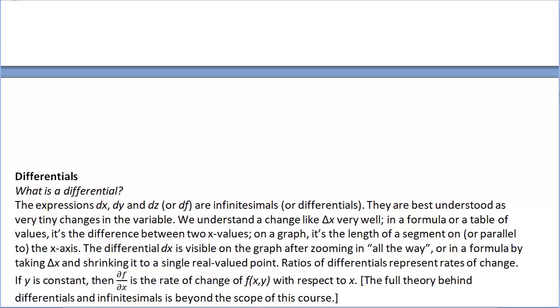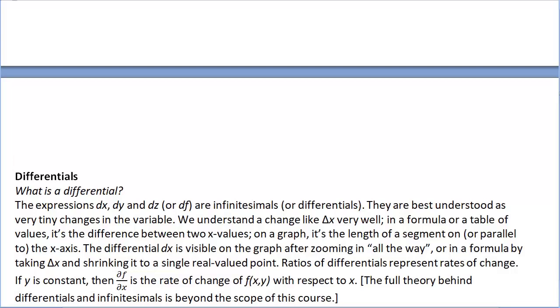So ratios of differentials represent rates of change. Previously, in single variable calculus, with y equals f of x, we can write the derivative as dy over dx.